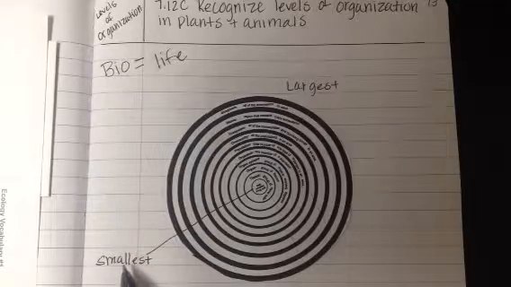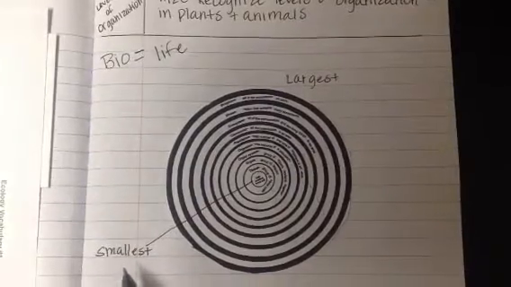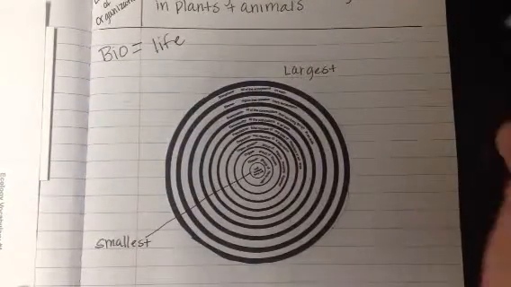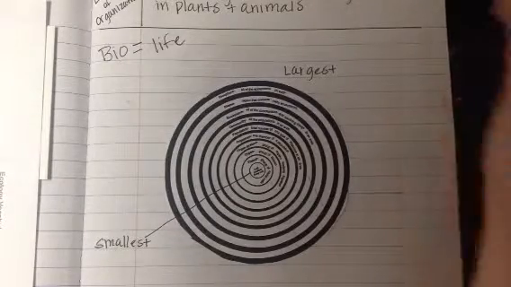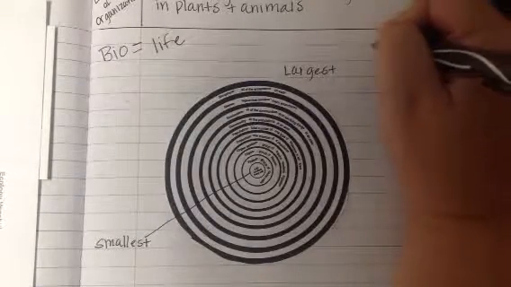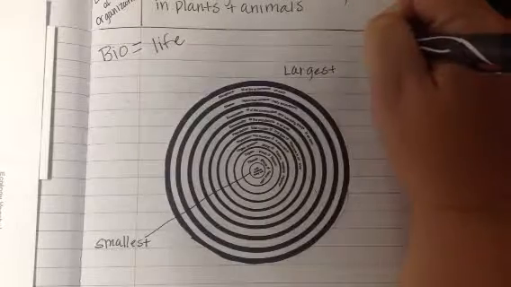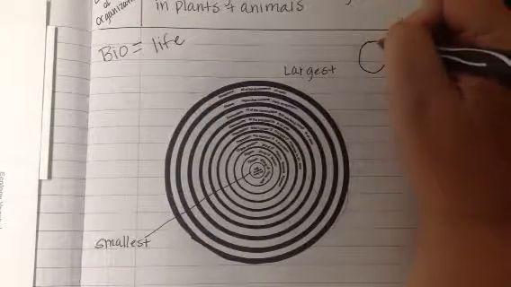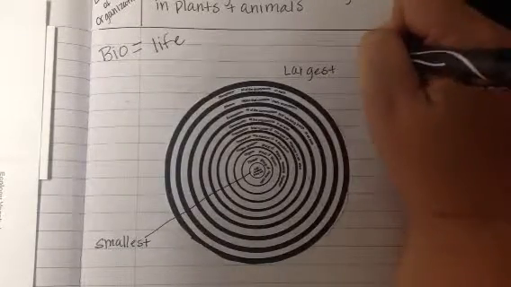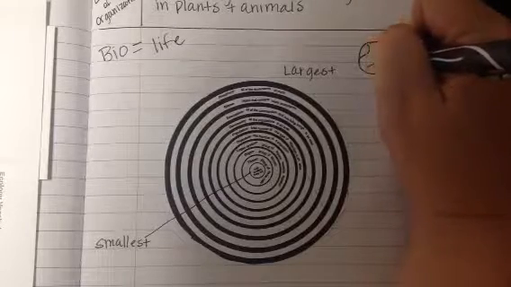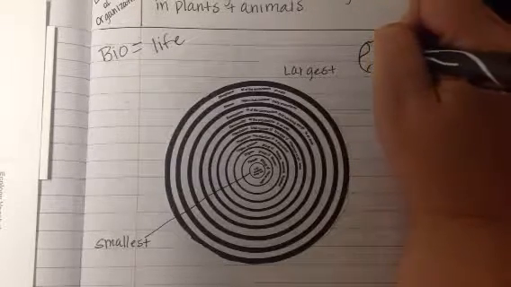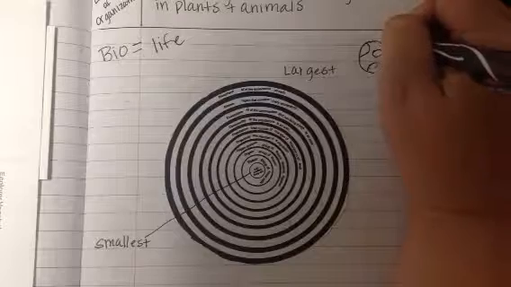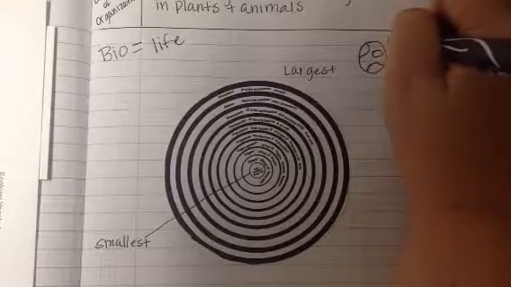The least complex is the cell, and the smallest living thing. So next to largest, we're going to draw a picture of the Earth to remind us that the biosphere is the Earth. Okay, and your picture might be way better than mine, but we're just going to color or draw a picture and label it Earth.